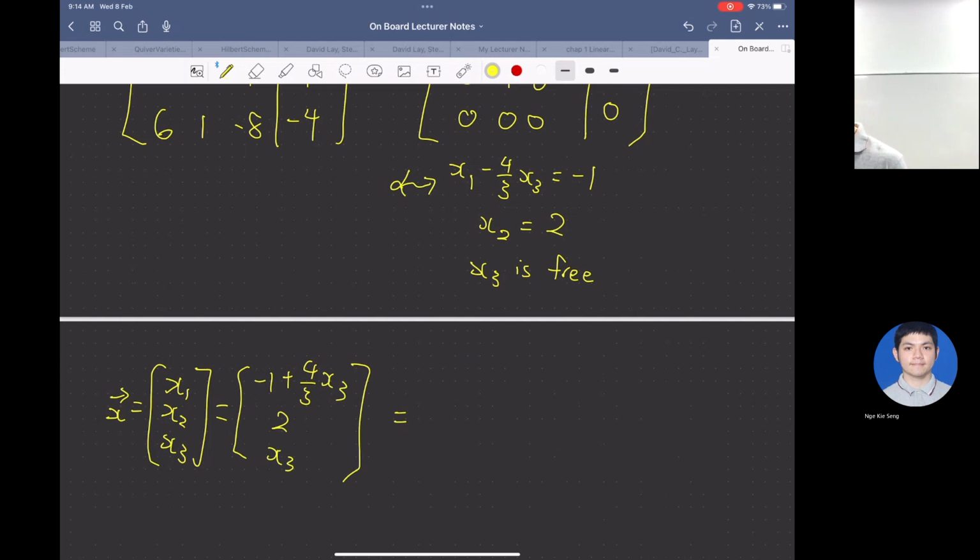Then we can split into vector form, a constant part and the part with the variable.